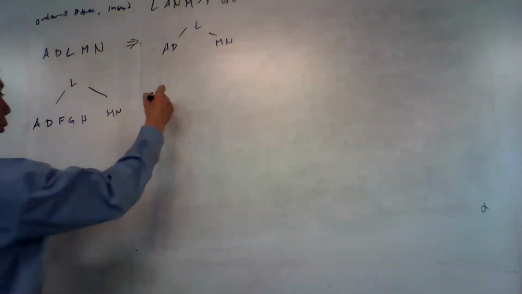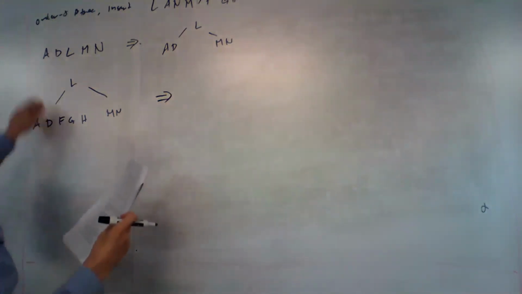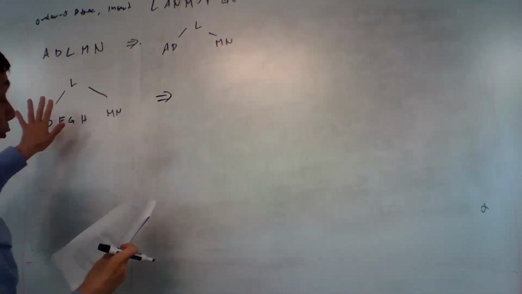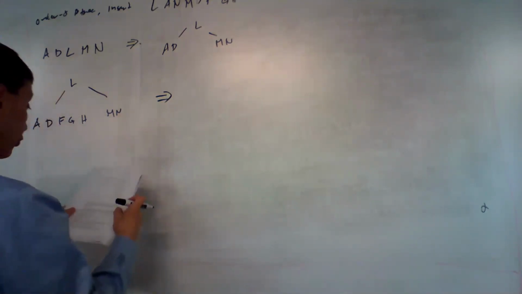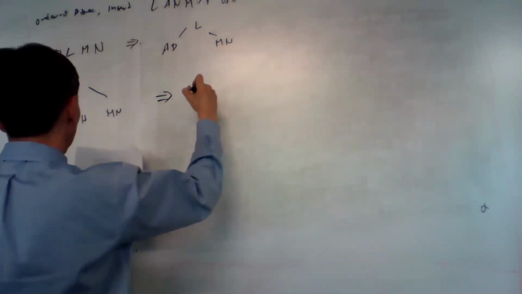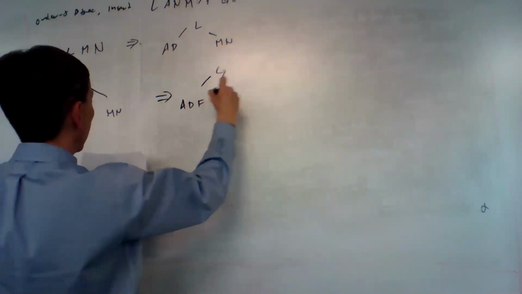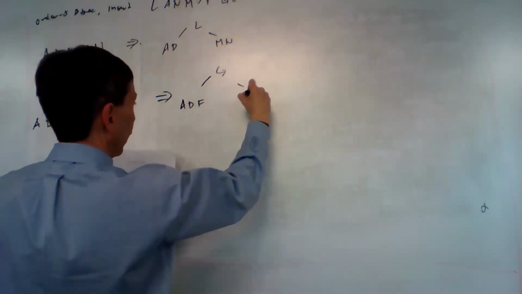So we grab this entire set of nodes, and then we go through that set of equations that I showed you to say how many keys to put in each side. And it turns out that we'll get G promoted as a split key. We'll have ADF on this side, and we'll have H, L, M, N over here. Okay?